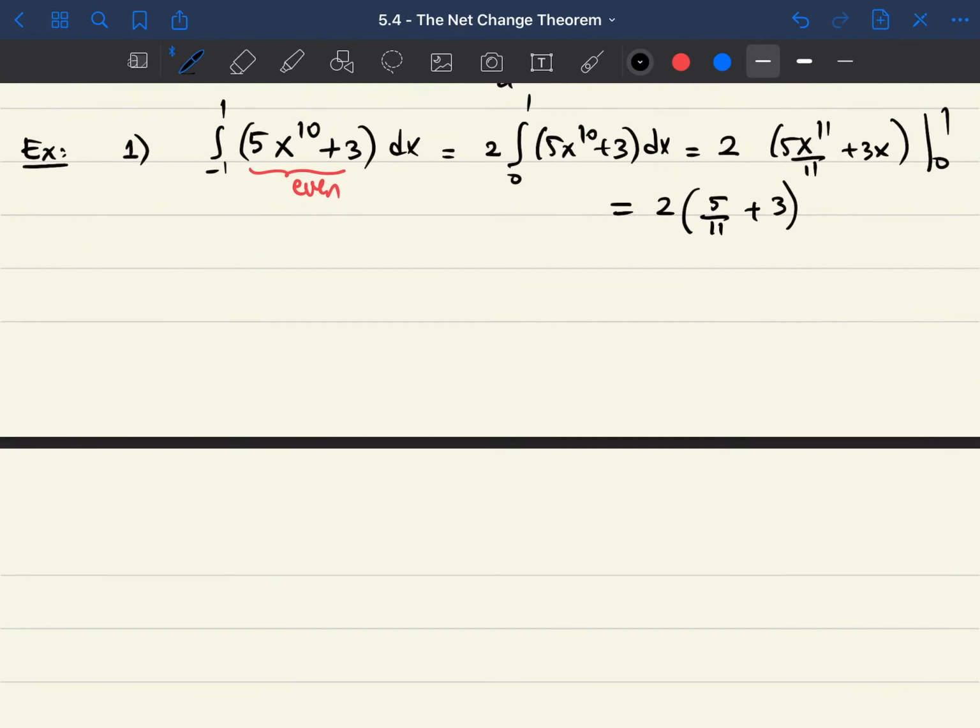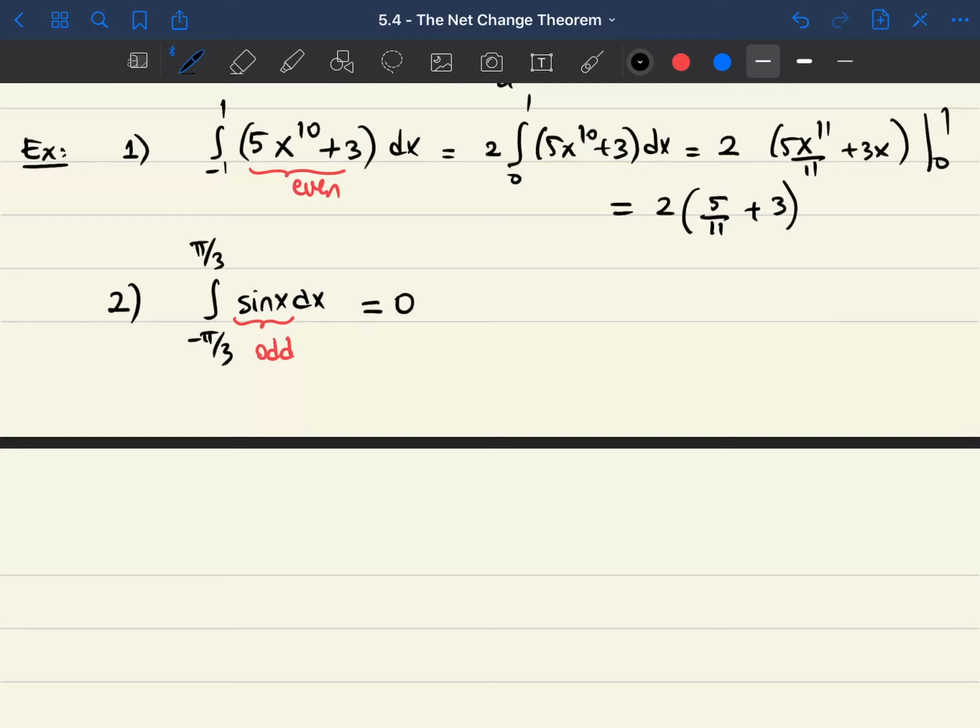If you have an odd function, then you have the following. Let's say you have the integral from negative pi over 3 to pi over 3 of sine x dx. Now remember, sine x is an odd function, as we did in calc 1. So this should equal just 0.